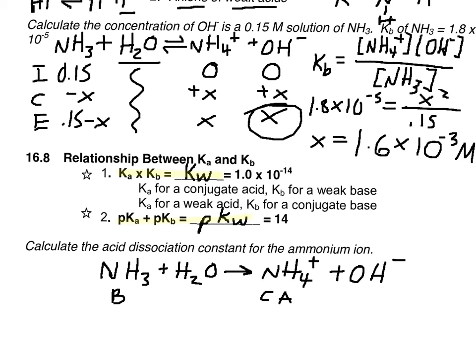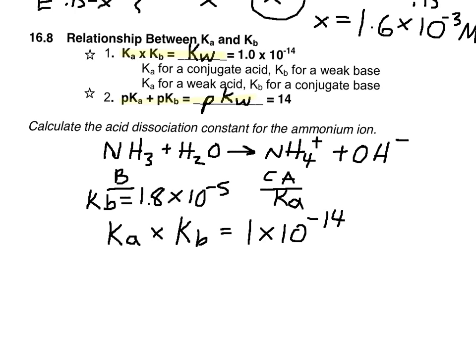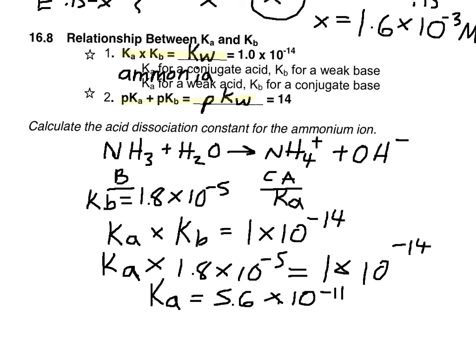And if I take a look back at my previous problem, I know the Kb of NH3 is 1.8 times 10 to the negative fifth. And so that means that I can easily find the Ka value of NH4 plus because I know the relationship between a base's Kb and its conjugate acid's Ka. So I've got the Kb of NH3, I can plug it in this equation, and I can solve for Ka. And that will allow us to find the Ka. Well, except that should be 10, not 11.